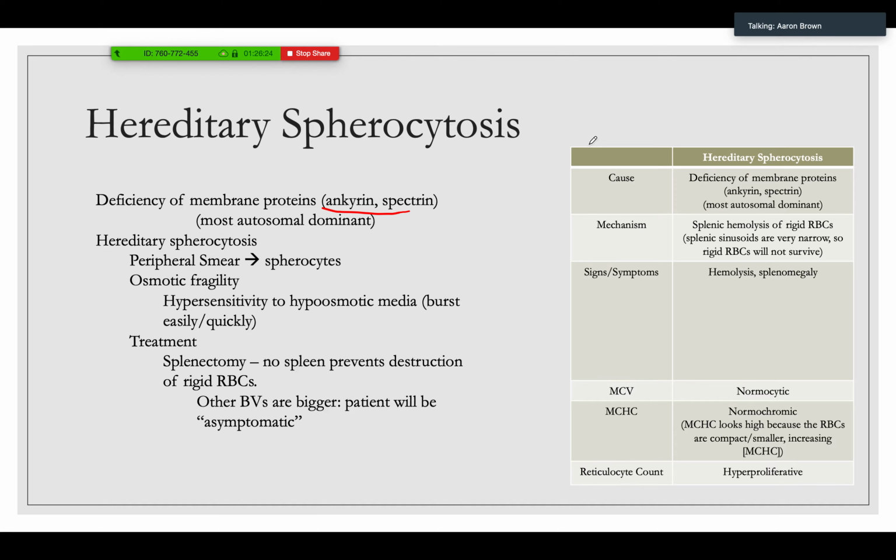If you take away those membrane proteins, you're going to end up with blood cells that are perfectly circular, like a sphere, and very taut. It's like when you blow up a balloon, and it gets to a point where you can't blow anymore, and then you blow a couple times more, and that balloon feels like it can pop any second. That's the way our red blood cells are now.